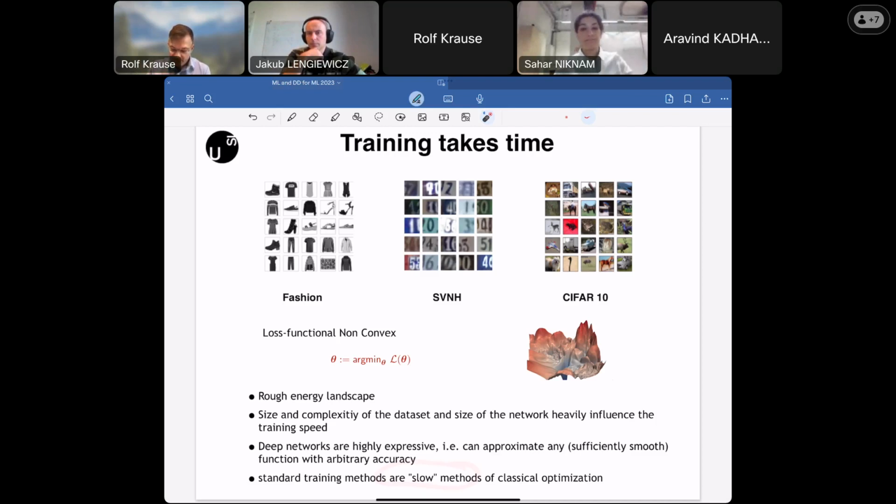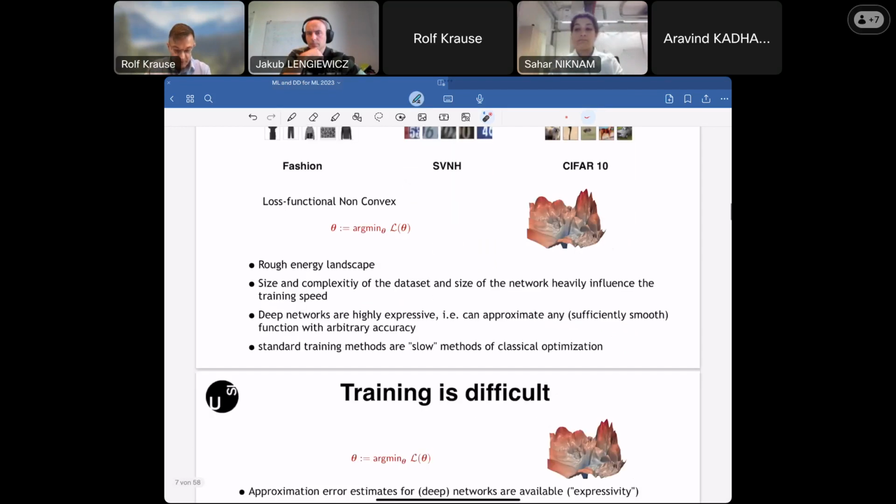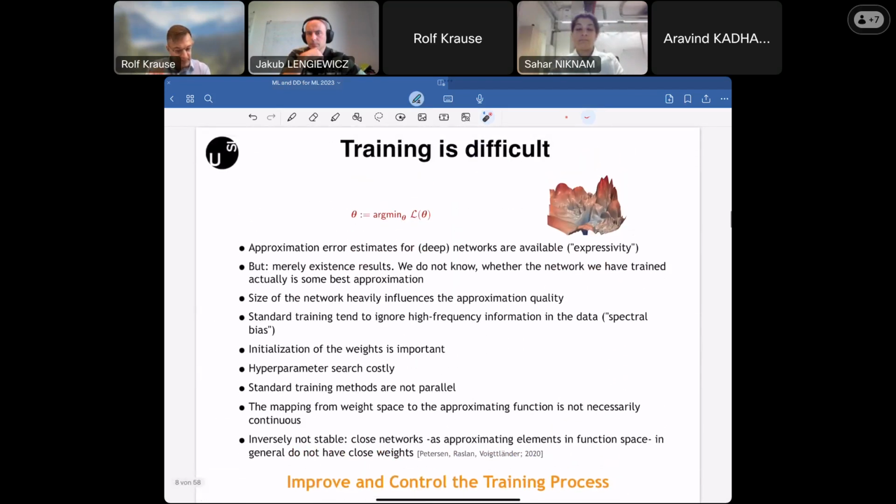What the advantage is for gradient-based methods is you can prove global convergence if you fulfill some conditions on your step size. But in principle, for gradient methods, you can do some convergence proofs, and you can generalize those also to stochastic gradient. Okay, so training is difficult.